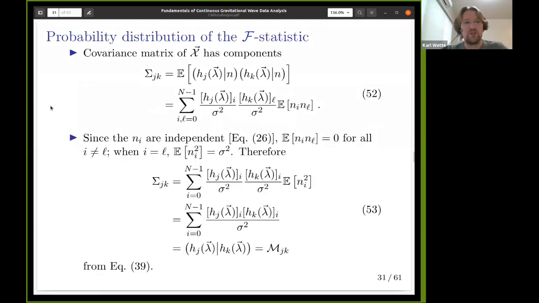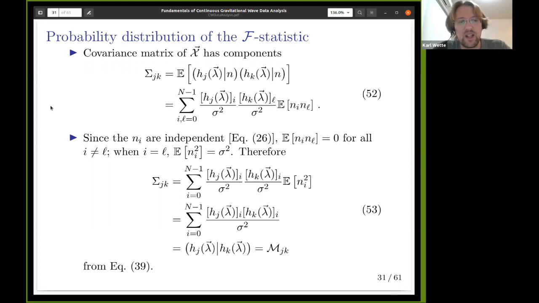And then we use those expressions to work out the covariance matrix. That's written out explicitly in equation 52. Working the expectation value through those terms, you end up with a double sum over the two inner products times the expectation of n_i n_l, which you hopefully remember is 0 because the n_i are independent. So that means we basically pick out the diagonal elements in this double sum.